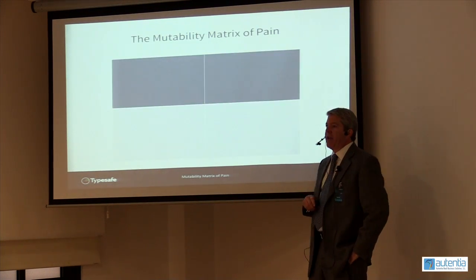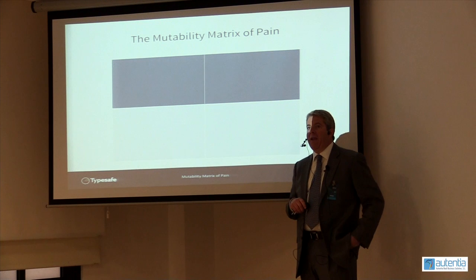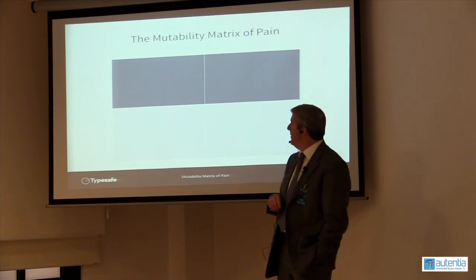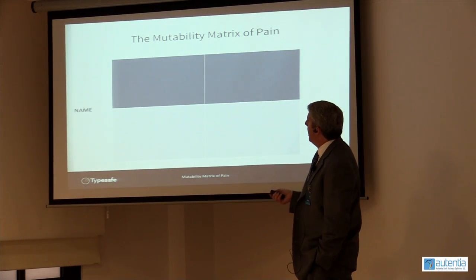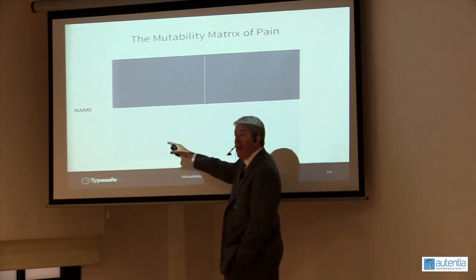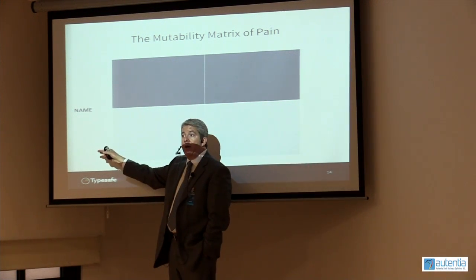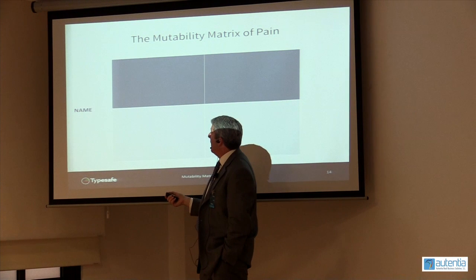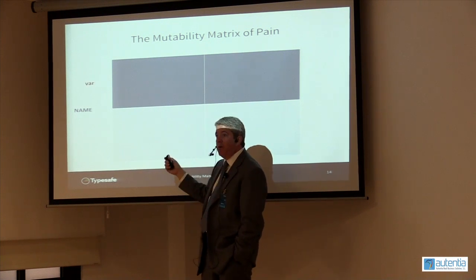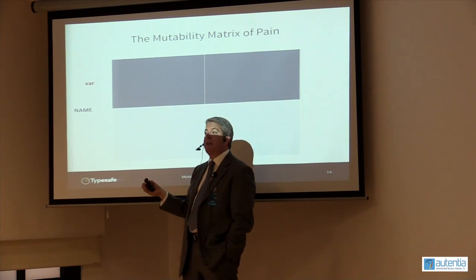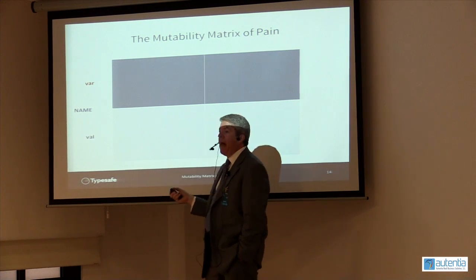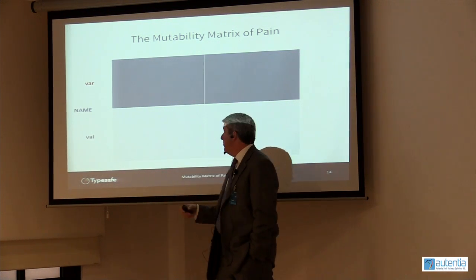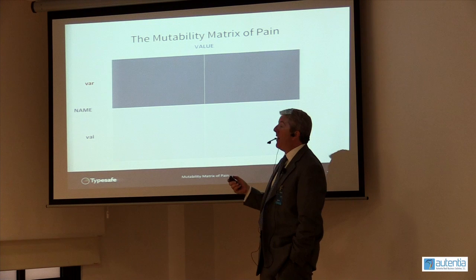Okay, so let's look at the mutability matrix of pain, for which this talk is named. I want to break this down in a couple dimensions. First of all, we have that name, the left-hand side of our equals, right? And that has the var, which is something that is not final, and val, which is something that is final. And then I want to think about the value.